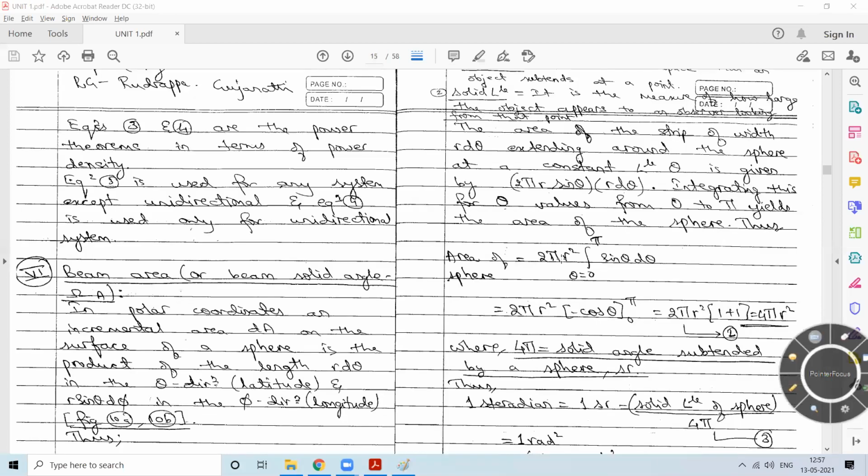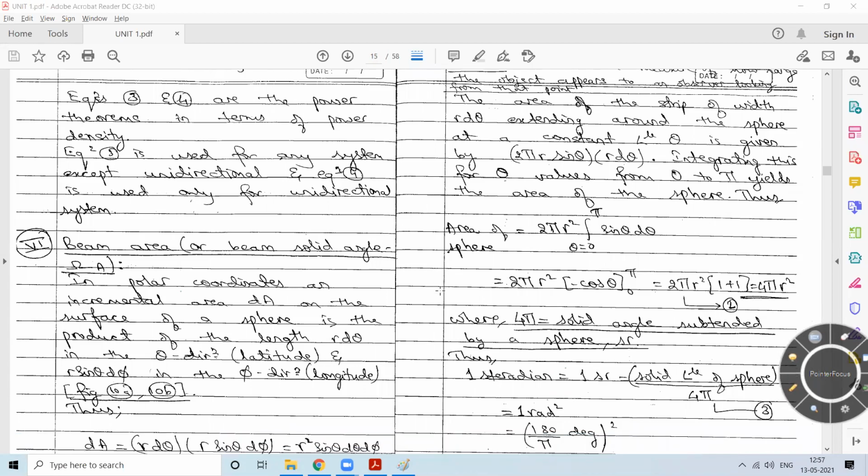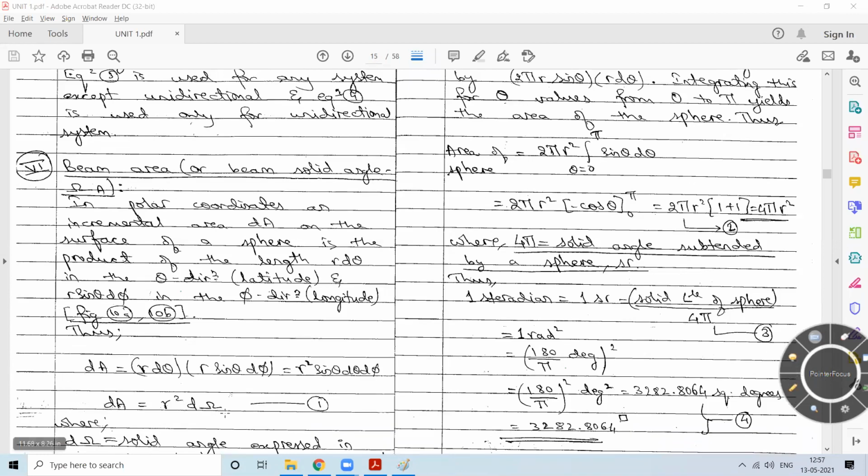So now what does this solid angle information give me? This information, for the radiation pattern, indirectly gives me the information pertaining to the beam area or the beam solid angle. So how do I obtain this? Before going into that, we have to consider this parameter. Previously we had seen that the elemental surface area is the product of r d theta into r sine theta d phi, which turns out to be r square sine theta d phi.